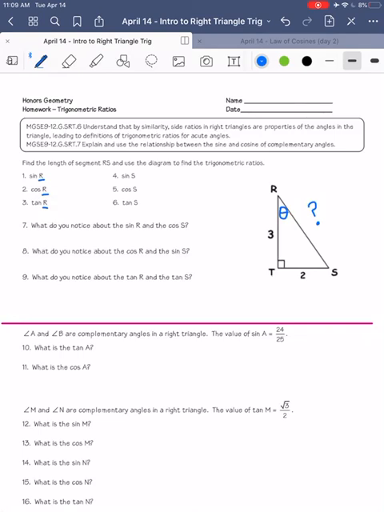Okay, now when you're done with those three problems, 4, 5, and 6 are talking about sine, cosine, and tangent at S. So that means you're going to erase your theta here, and you're going to put your theta now at S. Now, what happens with that is the hypotenuse is always going to stay the hypotenuse, but these two sides would switch. Whichever one was the adjacent would become the opposite, and whichever one was the opposite would become the adjacent.